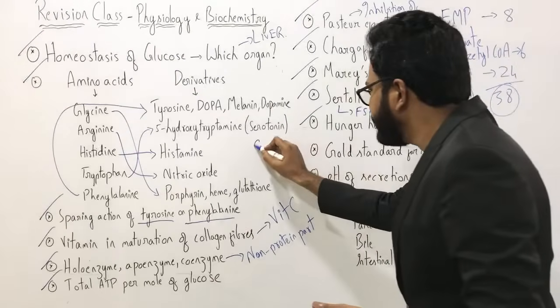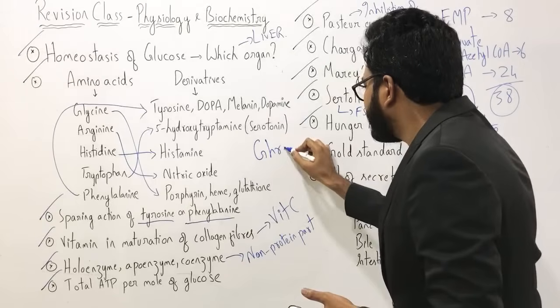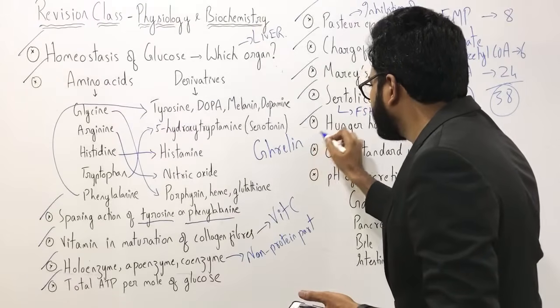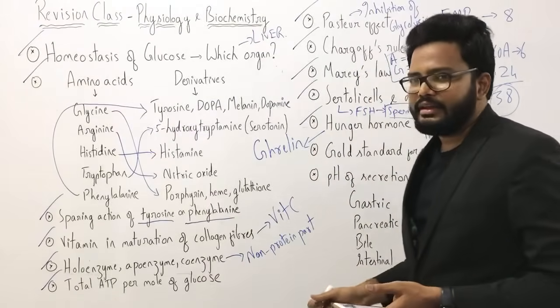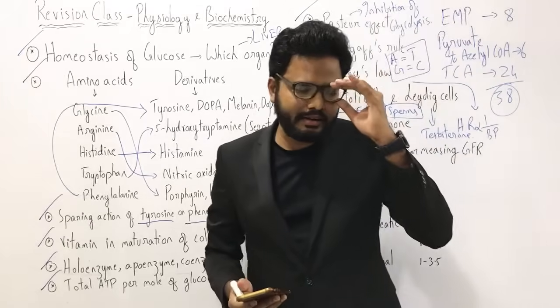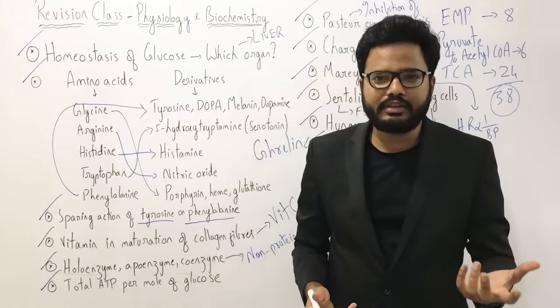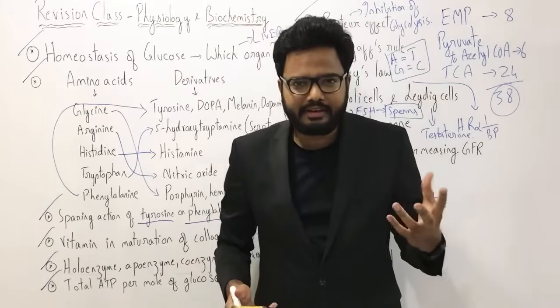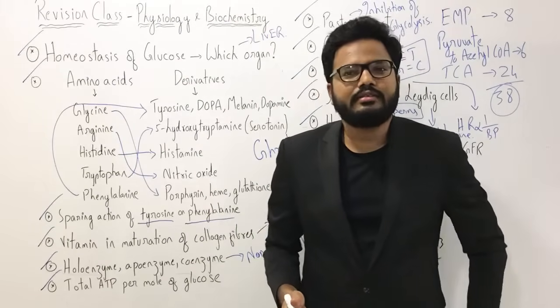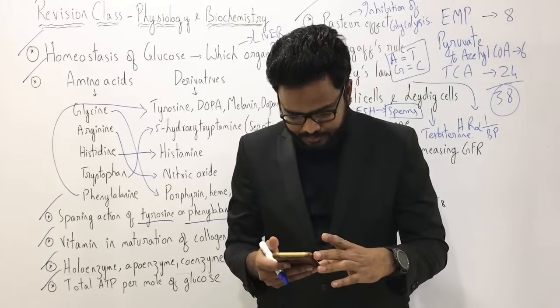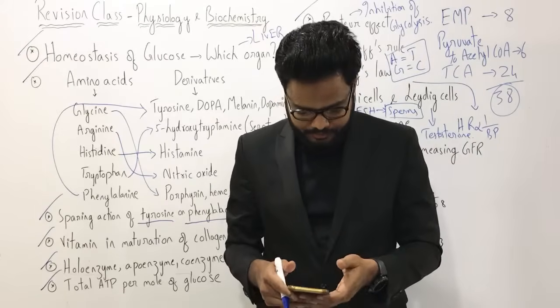I'll just write down here, GHRELIN. Good. So ghrelin is produced enteroendocrinally within the GI, especially in the stomach. It is concerned with food intake, weight, etc. It's also considered as hunger hormone. Yeah, even glucagon.